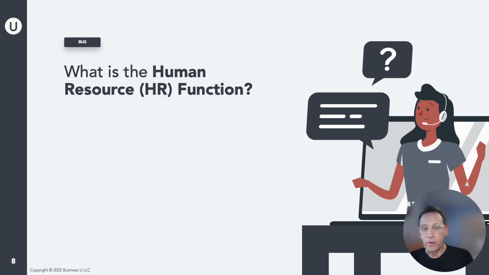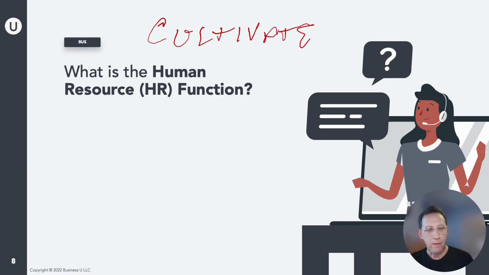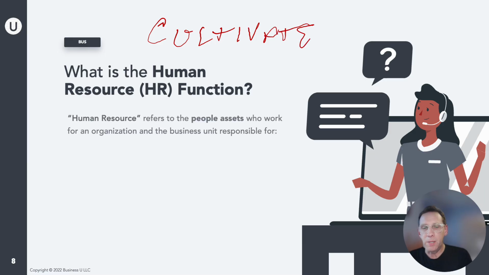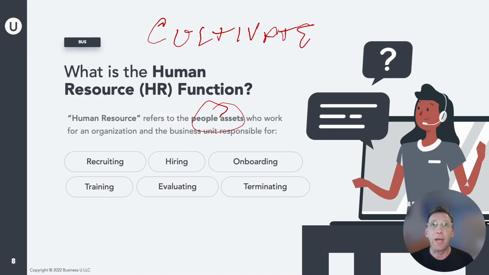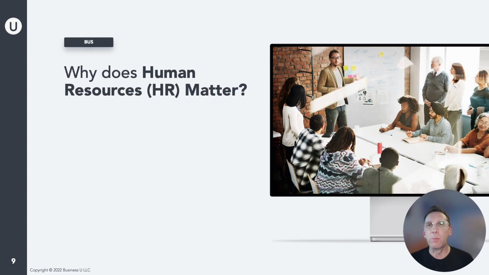So let's start with the first one, the human resource function. Again, this is the cultivate. Human resources refers to the people assets who work for an organization, and the business unit responsible for recruiting, hiring, onboarding, training, evaluating, and terminating. Now, why does human resources matter?